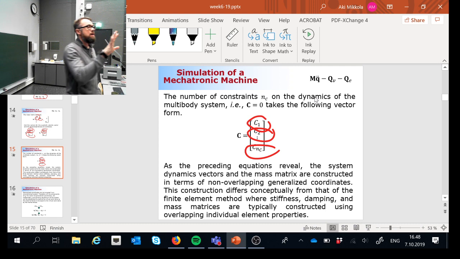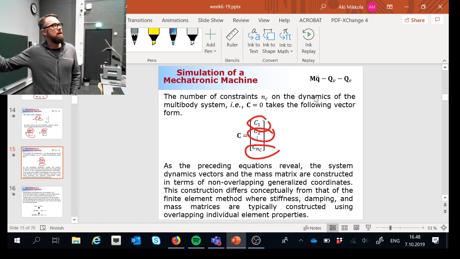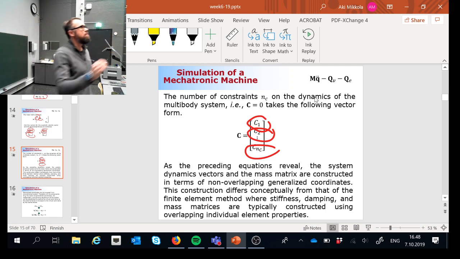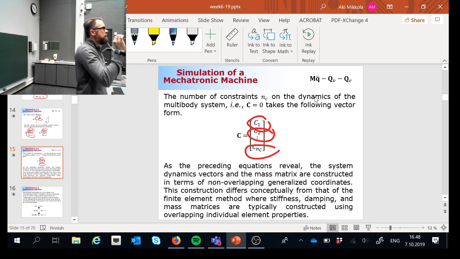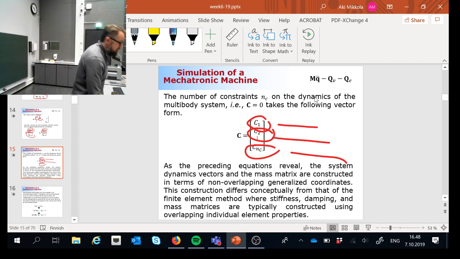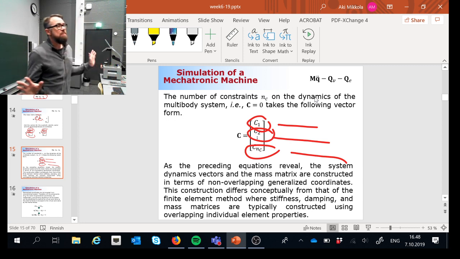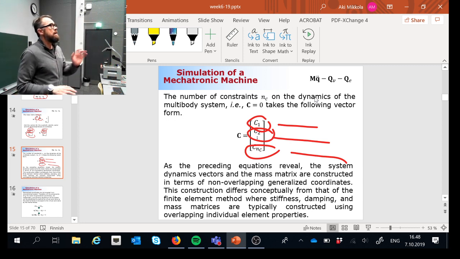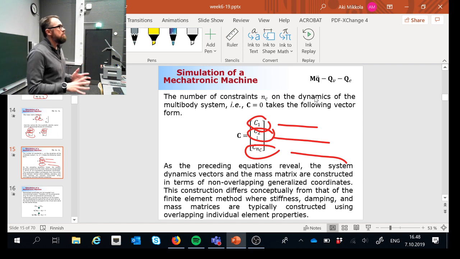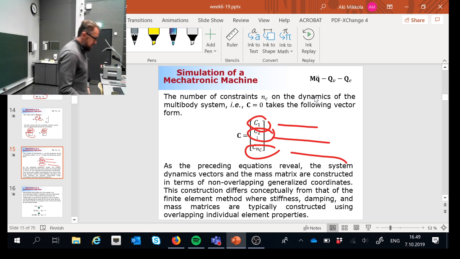What I just explained, those are not associated with the body, but they have a constraint ID number. So this is the first constraint, second constraint, and then the final constraint. How you put it makes no difference. You can make them in any order you want. But once you make a decision regarding the order, then you have to be consistent. You cannot change that any longer.